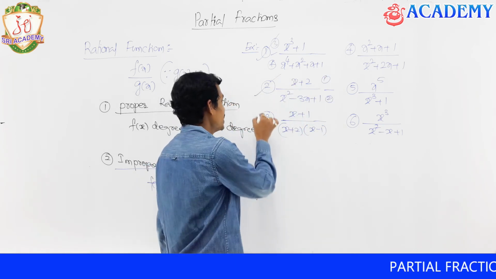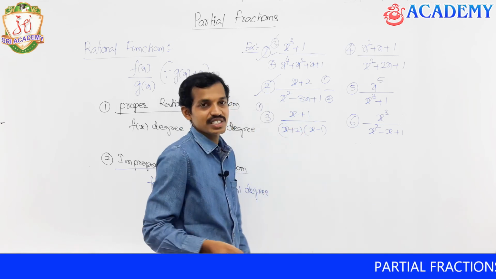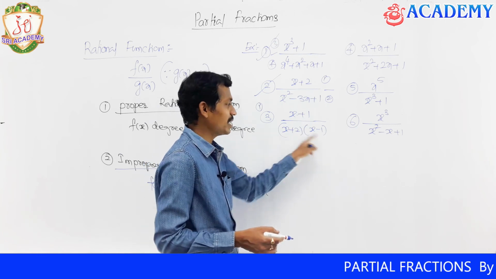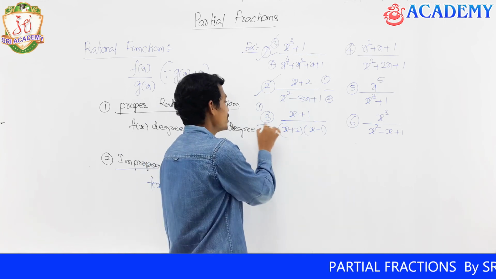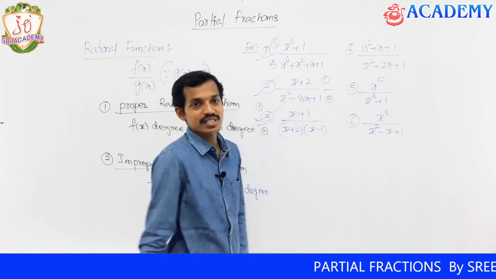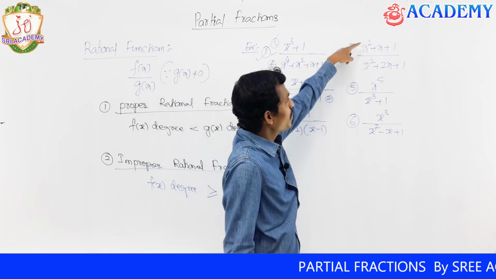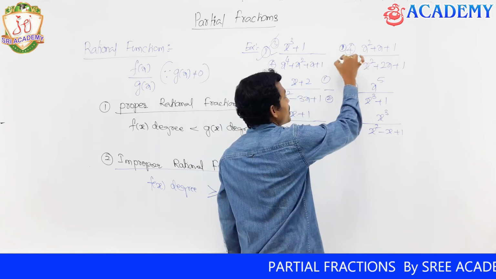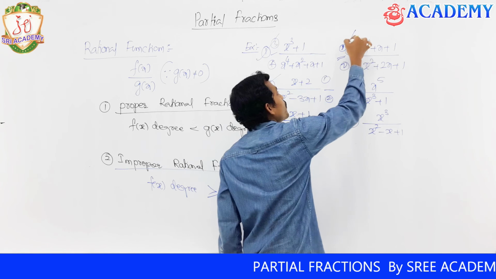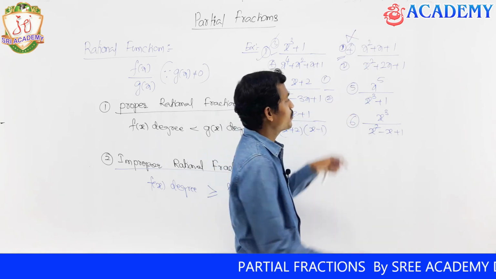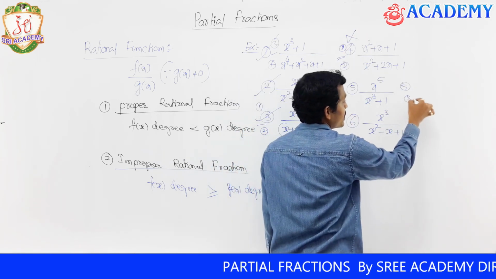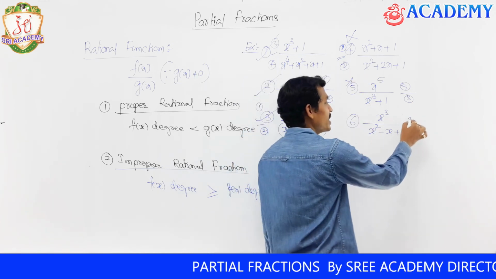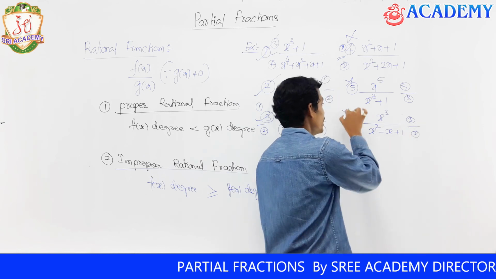Here the numerator degree is 1, and in the denominator, x into x gives highest power x square, so the degree is 2. That's why it is also proper. Coming to this one, the numerator degree is 2 and the denominator degree is 2. Both are equal, so it is improper. Here the numerator degree is 5 and the denominator degree is 3, and 5 is greater than 3, so it is improper. Here the numerator degree is 3 and the denominator degree is 2, so it is improper.